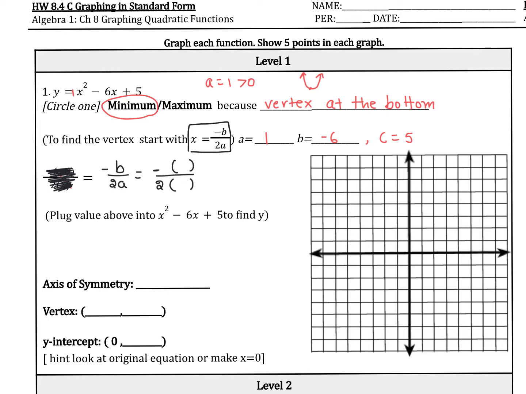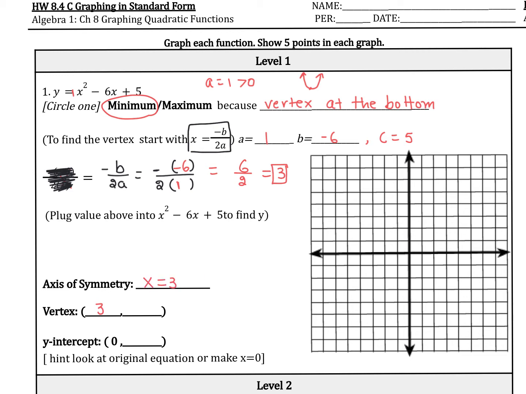Here you plug in b, that is negative 6, and on the bottom you plug in a, that is 1. Negative 6 times negative gives a positive 6, divided by 2, and x equals 3. So the x value of the vertex is 3.